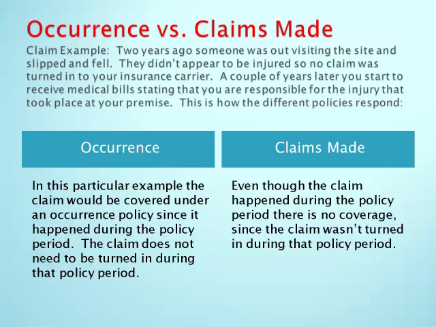With an occurrence policy, in this particular example, the claim would be covered since it happened during the policy period. The claim does not need to be turned in during that policy period. But a claims made, the claim would be denied basically because even though it happened during the policy period, it was not turned in during that policy period.